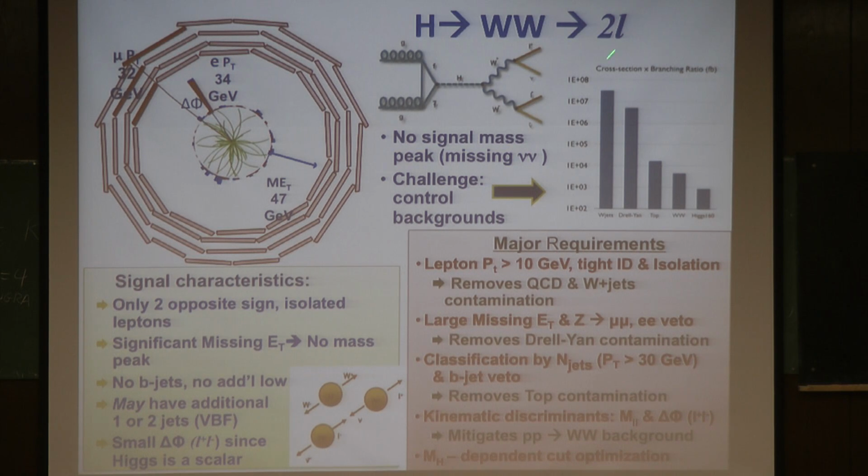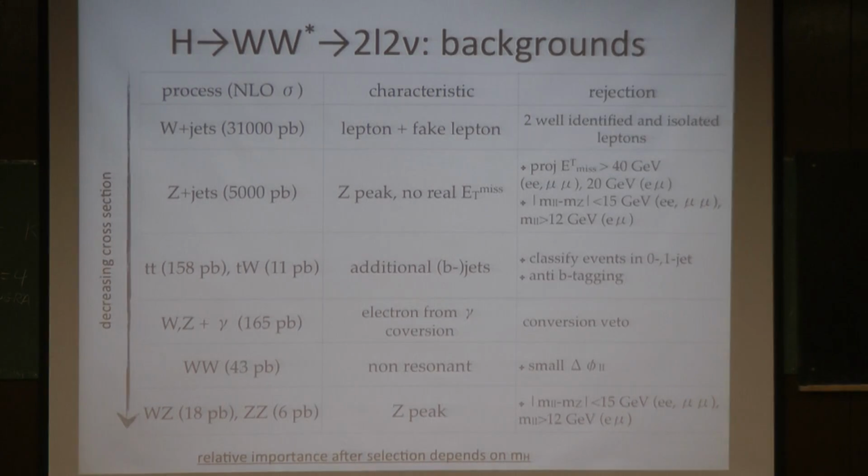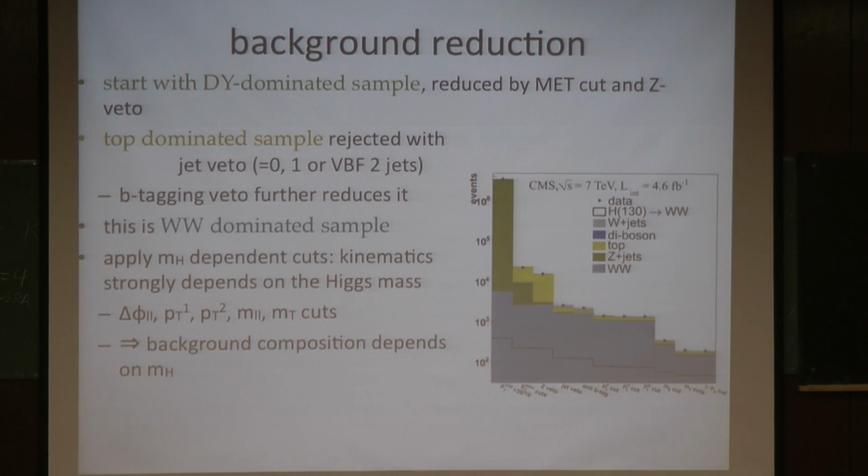The challenge is to control all these backgrounds: W plus jets, Z plus jets, top, single top, WW. We're going to see also how the cuts slide as a function of the different Higgs masses. I'm not going to go through this table, it's too detailed, but I'm going to show you here, cut by cut, with the Z veto, jet veto, B tag.